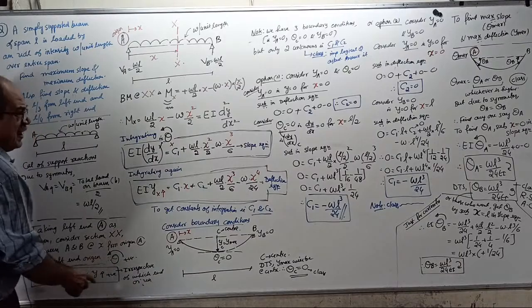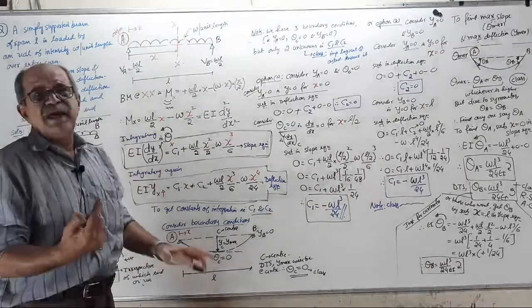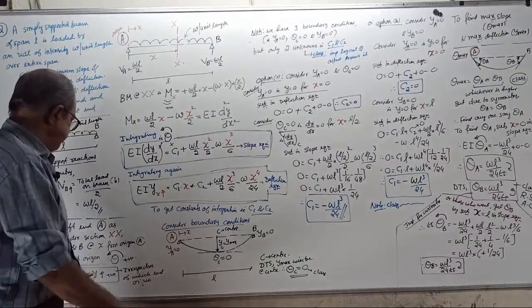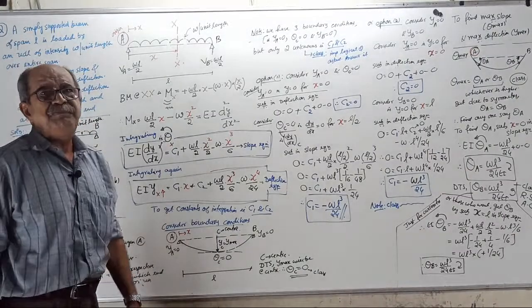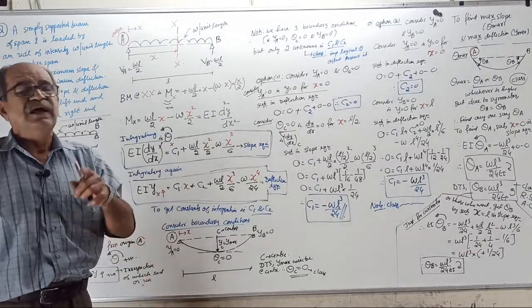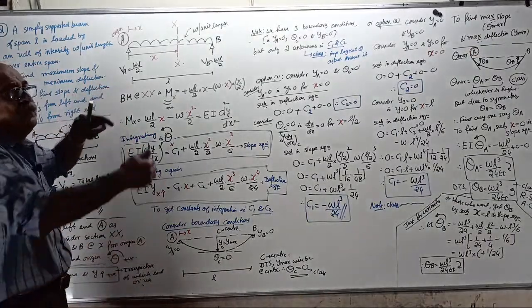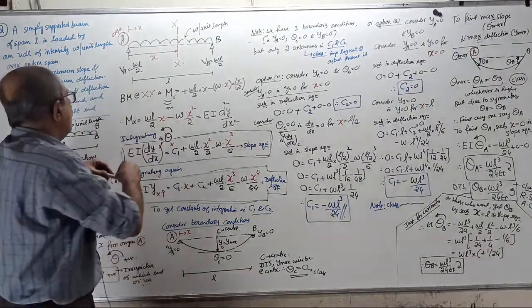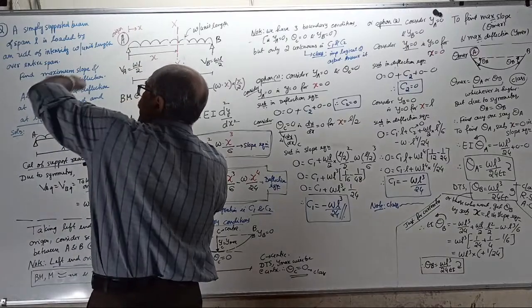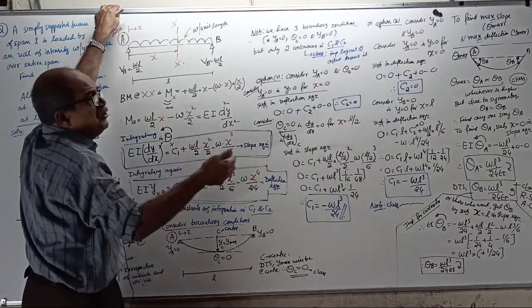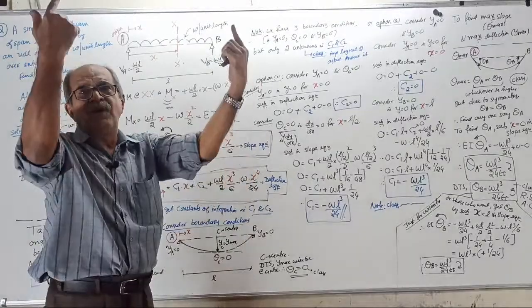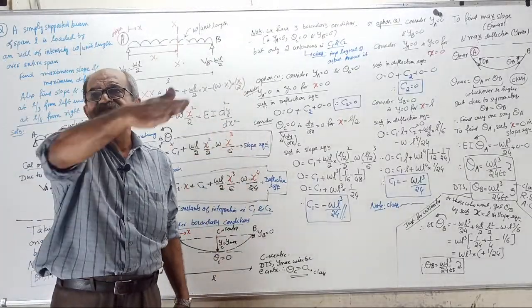Deflection and bending moment: deflection is always upward positive, irrespective of left origin or right origin. So remember, left origin means slope anti-clockwise positive, right origin means slope clockwise positive. Whichever origin you take, deflection is upward positive and bending moment is sagging positive.